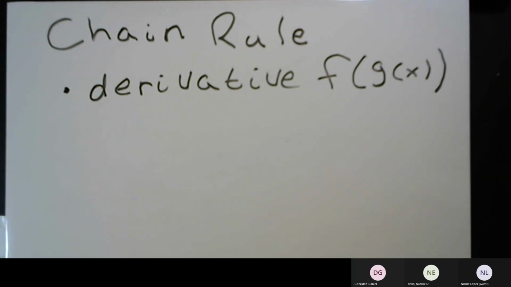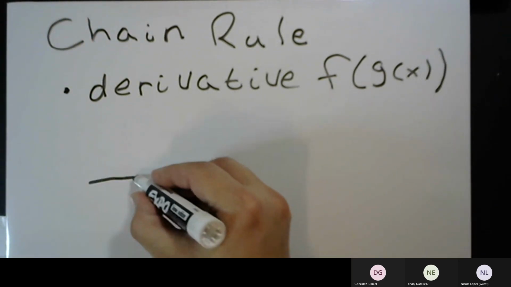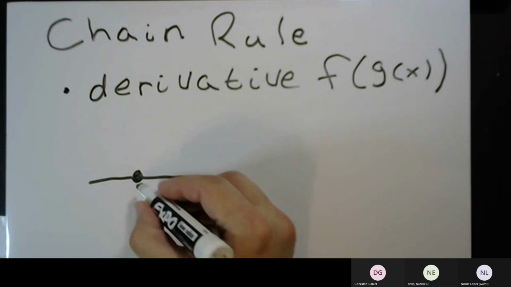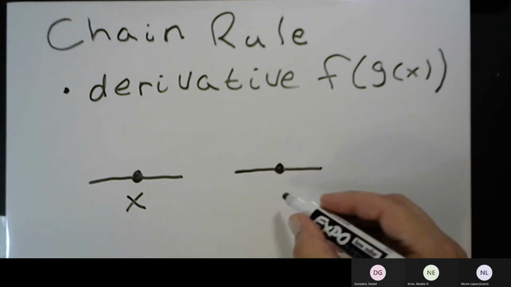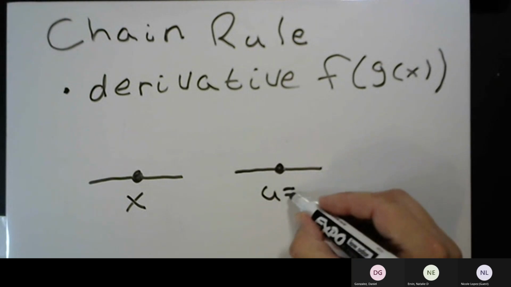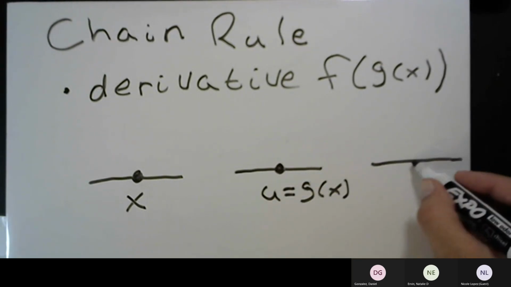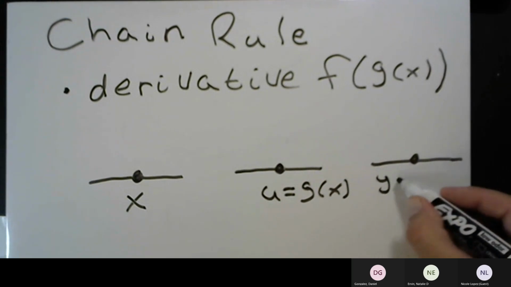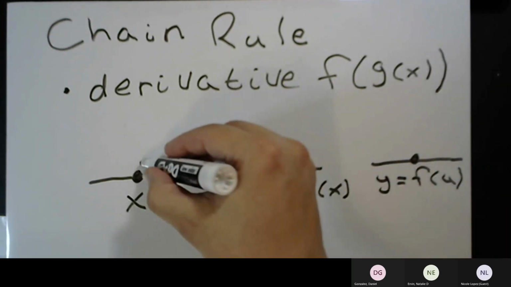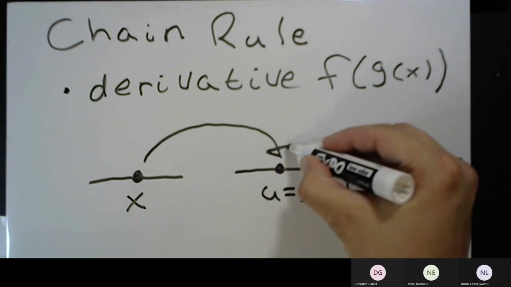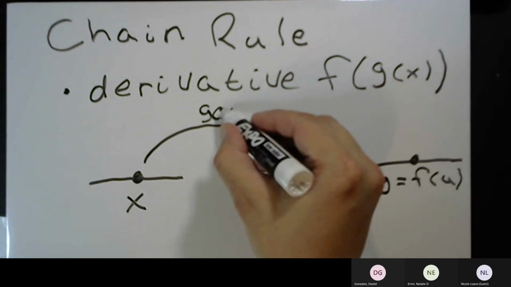Just to give some idea of what this is, let's say you have a number line, and another number line. Bear with me, let me fill in some details here. x will become u by using the function g of x.